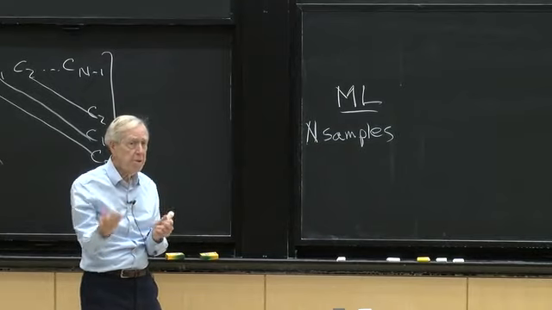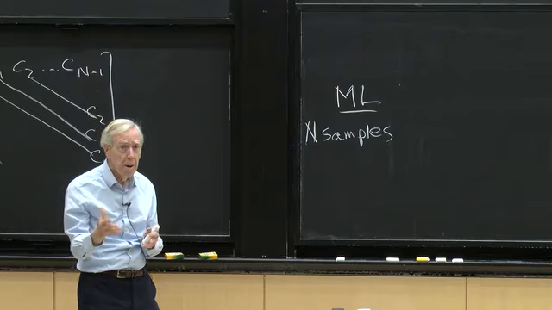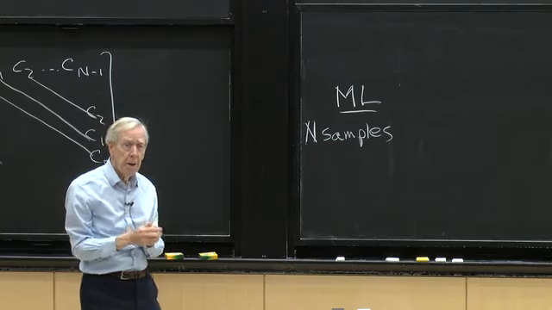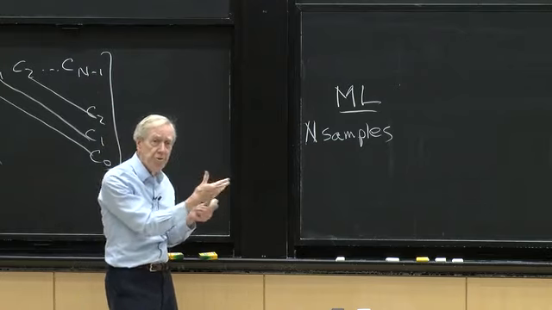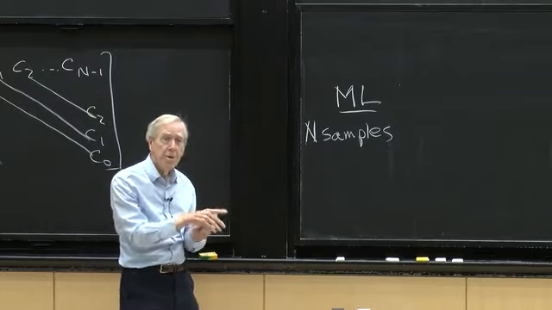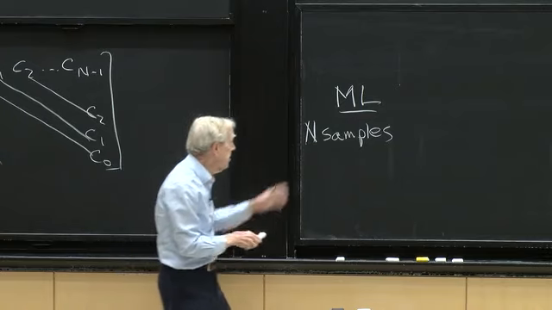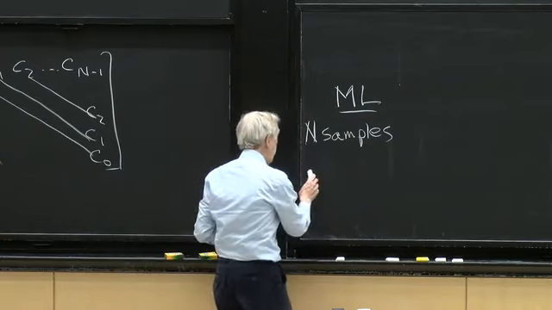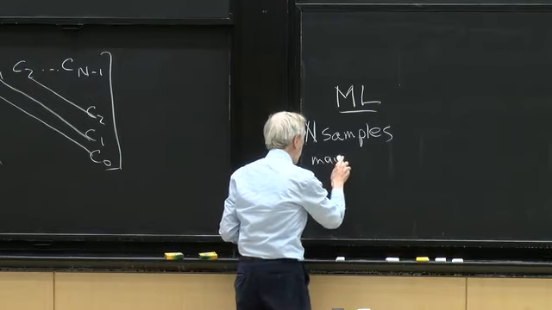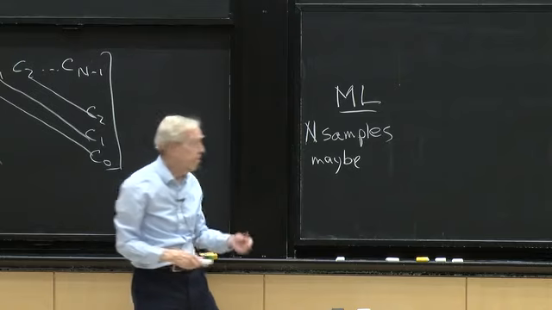If I have 1,000 by 1,000 pixels, that's a million pixels. The feature vector, the vector associated with one sample, is enormous. If they're in color, that million suddenly becomes 3 million.